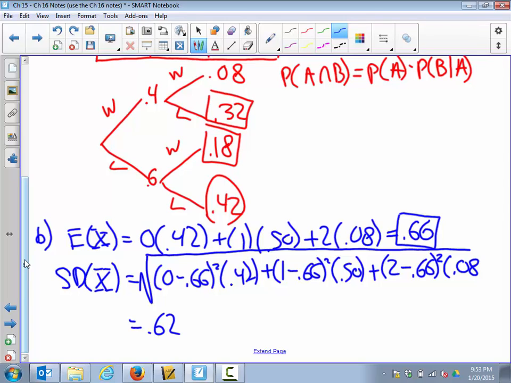So the standard deviation for the number of games won is 0.62.